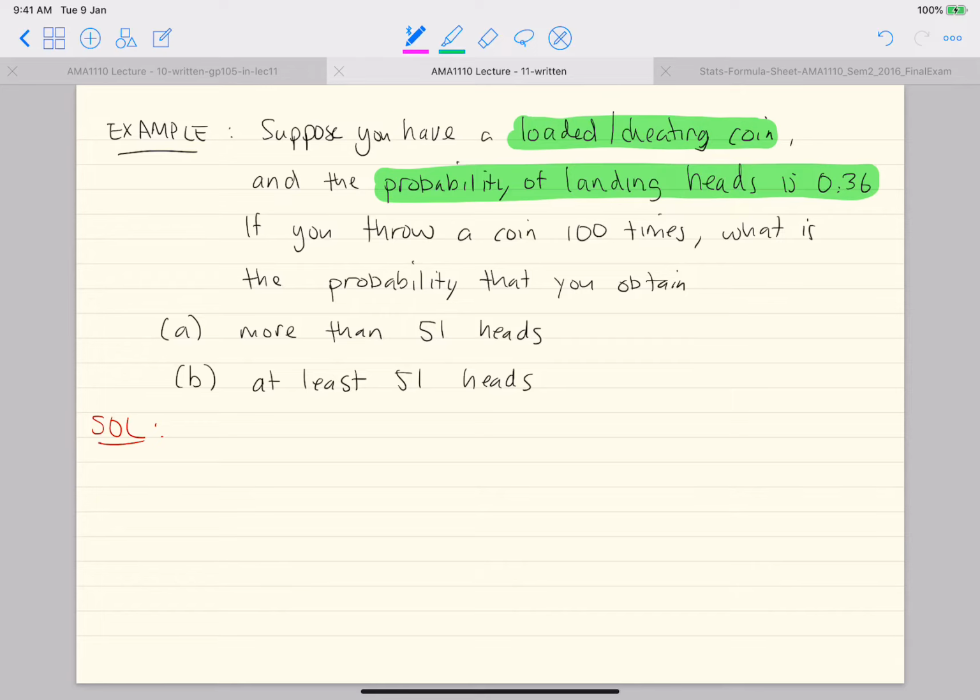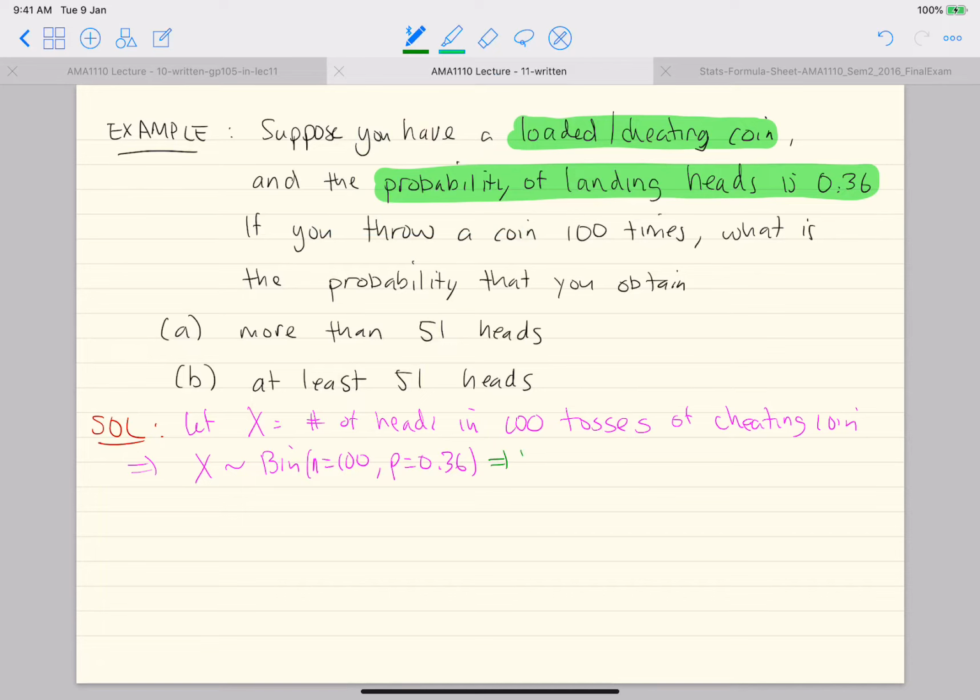So to solve this, let x be the number of heads in 100 tosses of the cheating coin. And we know that x follows a binomial distribution with parameters n equal to 100 and probability of success 0.36.